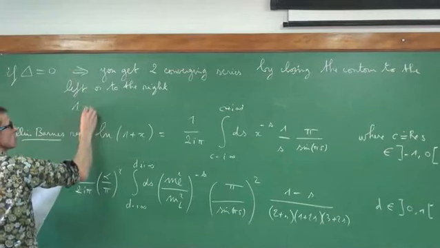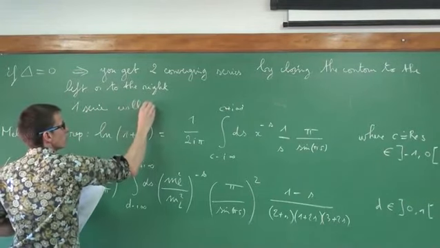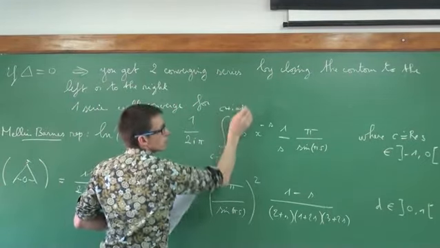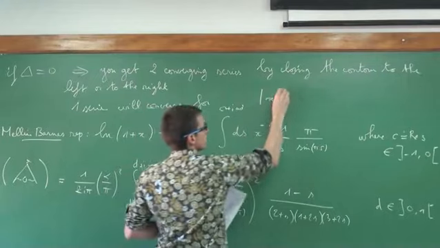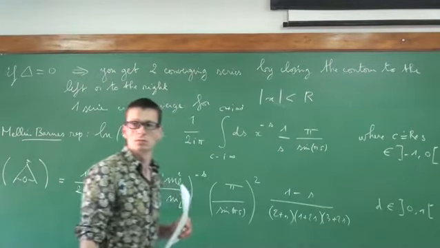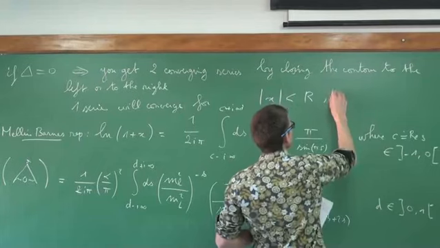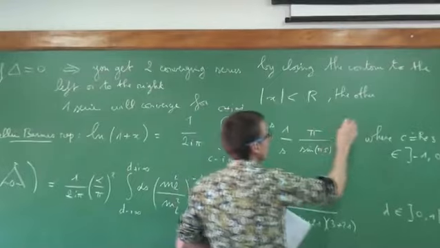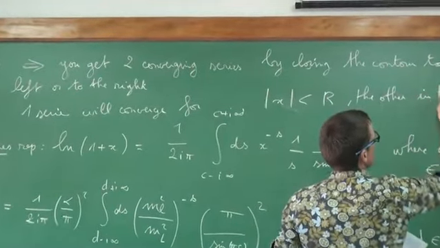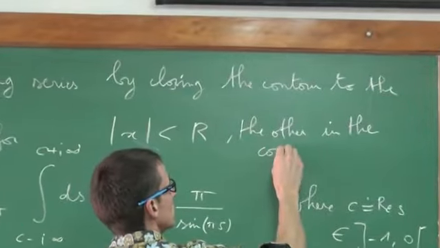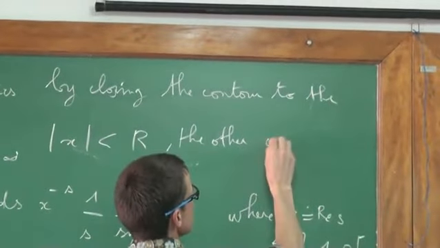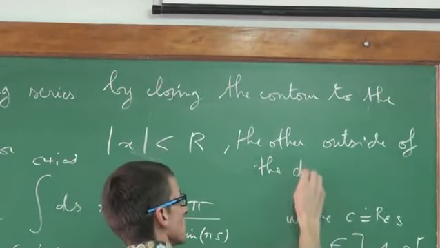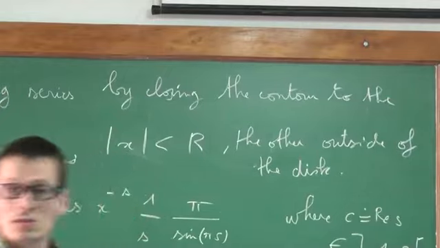One series will converge for x, modulus of x less than the value r. Okay? And the other, this is a disk, in the complementary, outside of the disk. Okay, so this is a general theorem.